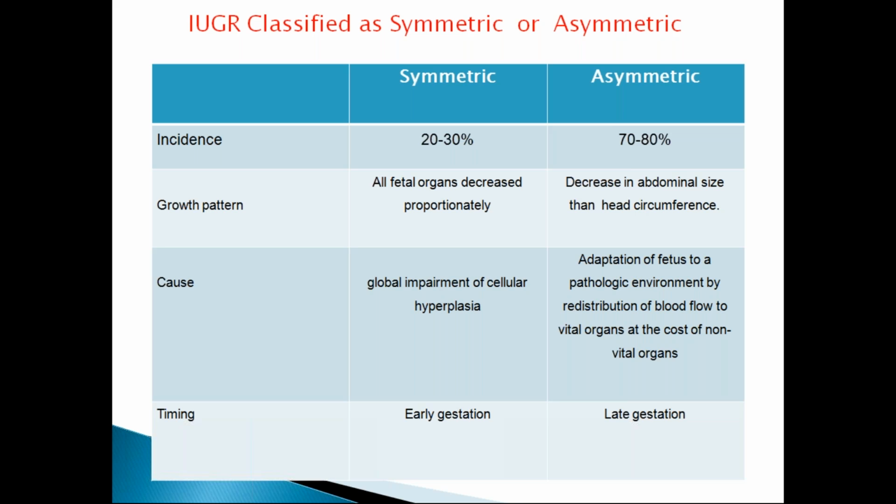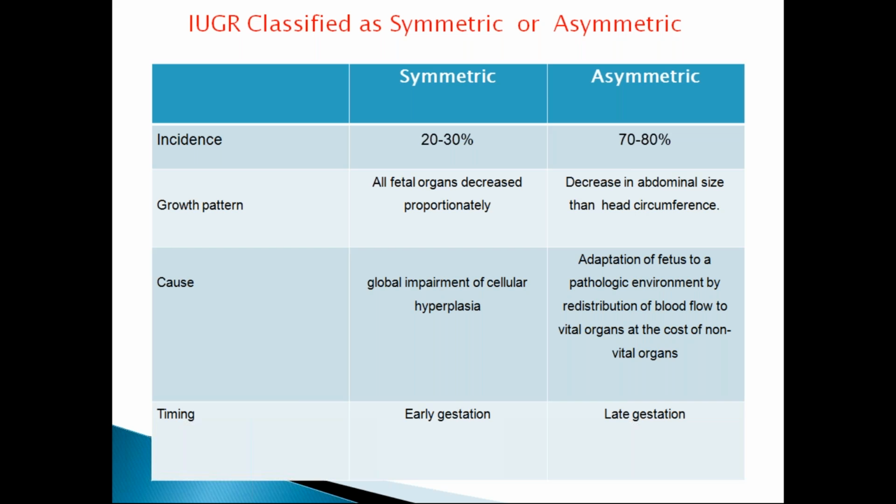So symmetrical is uniformly small, and asymmetrical is where the head circumference is bigger than abdominal circumference. So that is the growth pattern. Fetal organs decrease proportionately, as I told you, all structures will be relatively small.